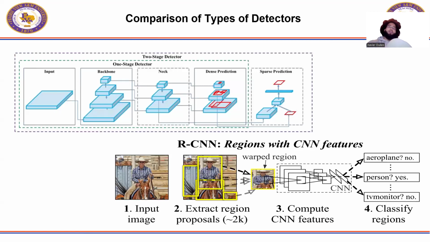Here we just have architecture, what separates a single stage from two-stage detection. Input, backbone, neck, and dense prediction are all present in one-stage detectors. The difference is that two-stage detectors have a sparse prediction architecture added to them. Here we can see the region of interest being analyzed. You feed that through a CNN.